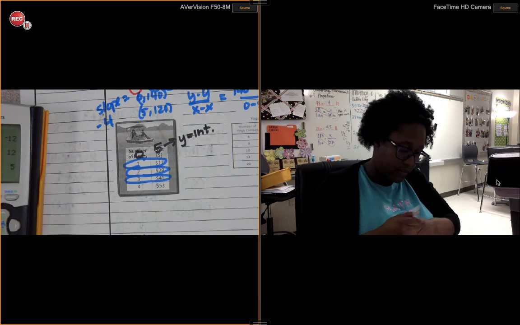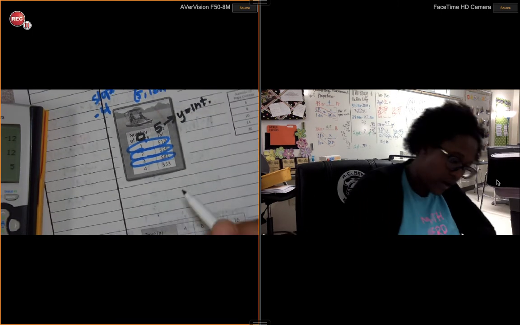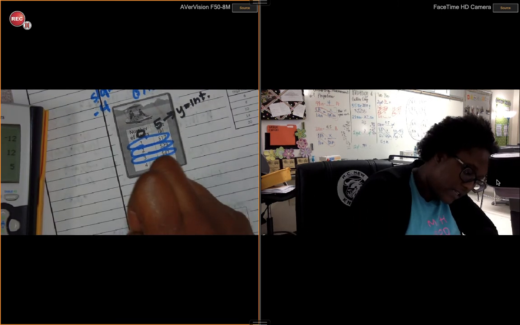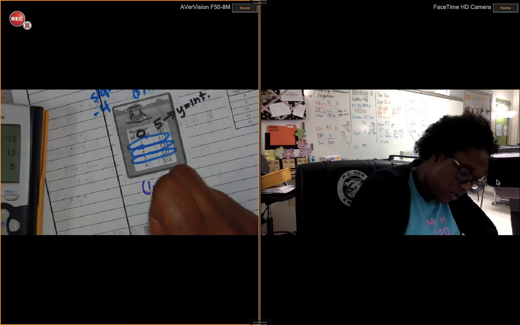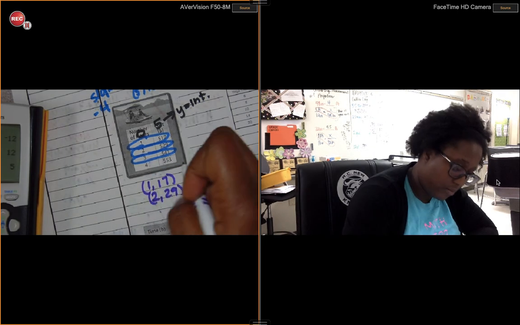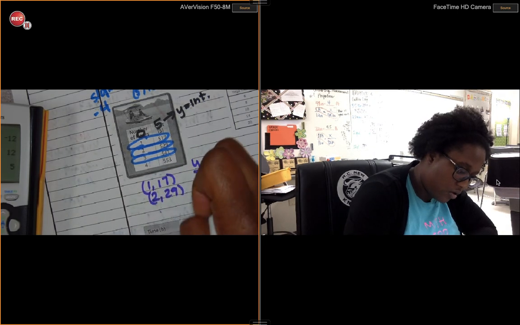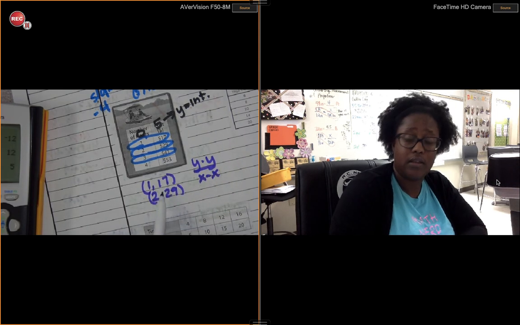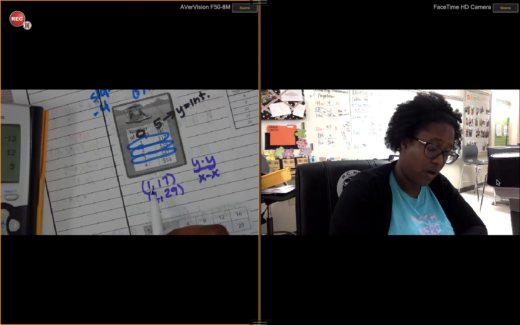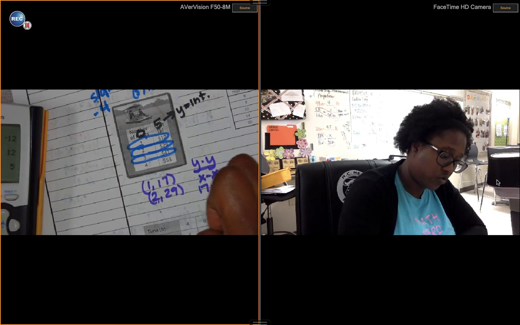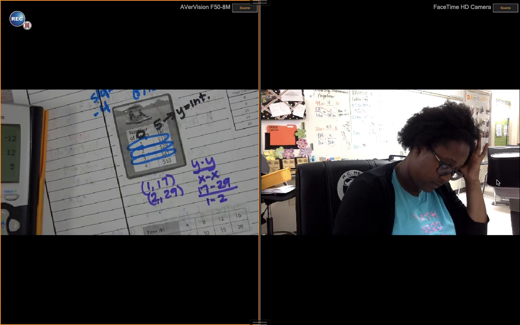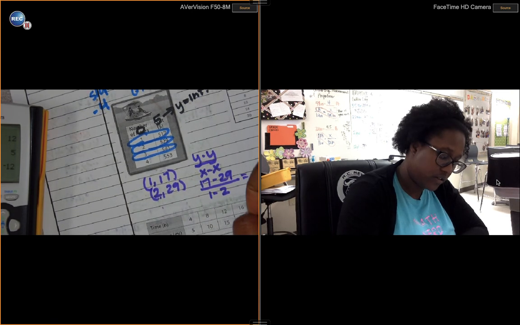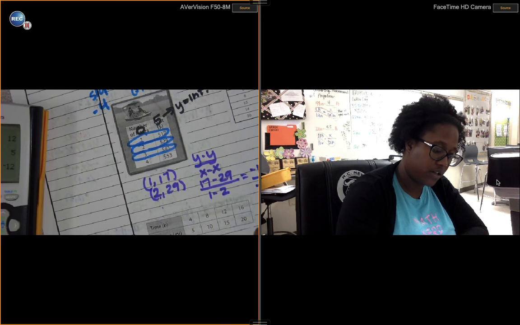Now I need to find my slope. In order to find my slope, I write down my coordinate points, 1, 17, and 2, 29. And then I remember I use my y minus y over x minus x. X, y, x, y. Y subtract y is going to be 17 minus 29, and then 1 subtract 2. 17 subtract 29 is negative 12, and then 1 subtract 2 is negative 1.